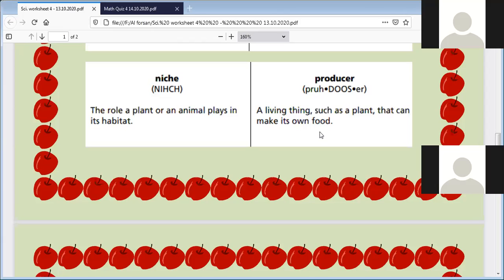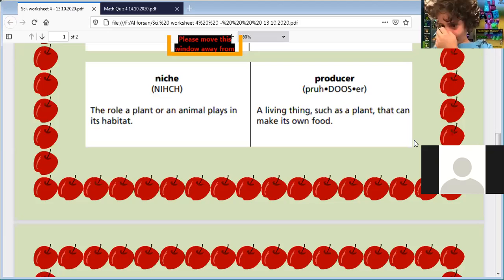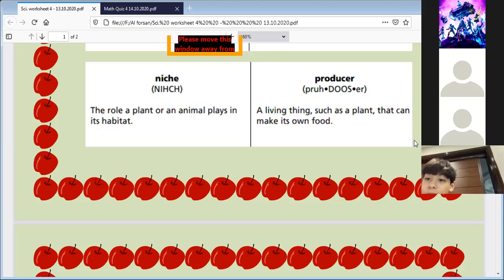So all plants can make their own food by using the energy from the sun and absorbing minerals and water from the soil. So the plant is a producer. Can you explain it again? What is a producer? A living thing such as a plant that can make its own food. How can they make their own food? From the sun and water, and absorbing minerals and water from the soil. Okay. Thank you, Omar.